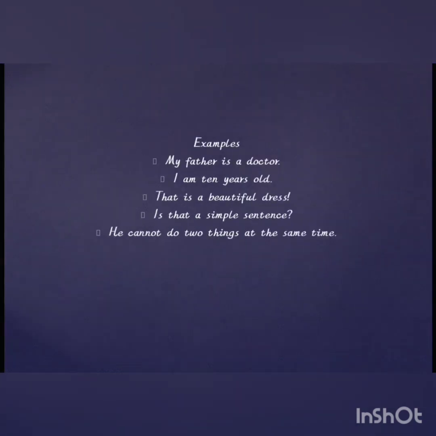Now we'll get to know the examples of a simple sentence. My father is a doctor. So here is the verb portion. We are having only one verb, and the message is conveyed properly. We have the subject portion, my father, and as a predicate portion, a doctor. So the meaning is conveyed properly.